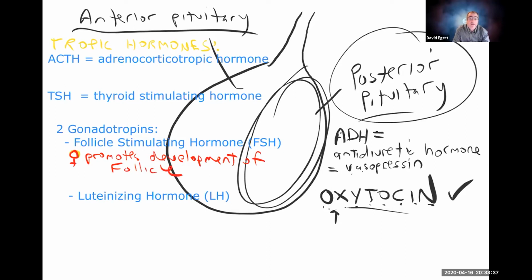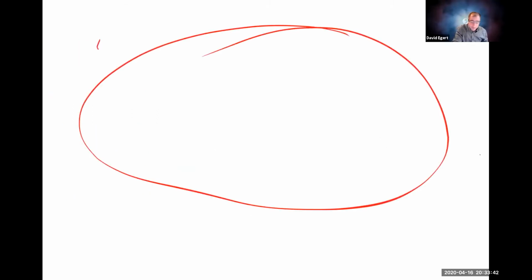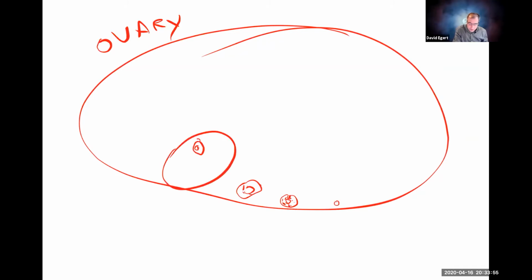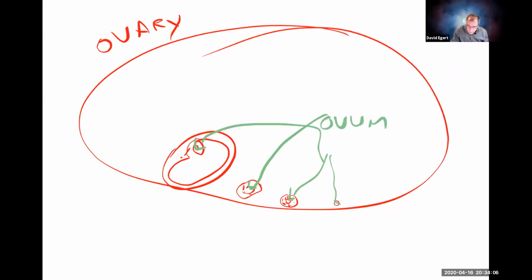So, what is a follicle? We're going to talk way more about this later. If this is the ovary, the eggs are never alone. The eggs are always surrounded by lots of other cells in these more complicated structures. The ovum is just one part of this thing, but there are lots of other cells that are part of the system as well.